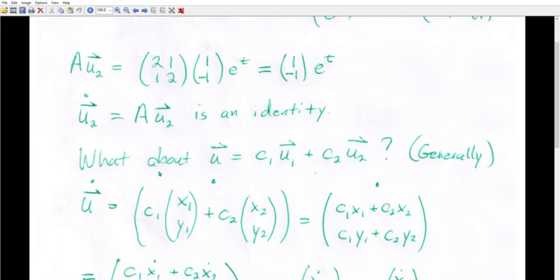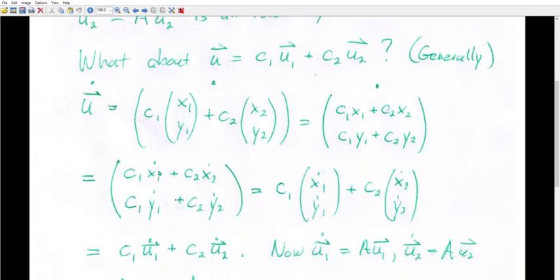Now, what about building solutions from these individual pieces? So we wrote at one point u equals c1u1 plus c2u2. And now I want to talk about this generally. So u1 is not going to be our specific solution here. It's going to be generally (x1, y1). And u2 is generally going to be (x2, y2), which means that u dot is going to be the derivative of c1 (x1, y1) plus c2 (x2, y2).